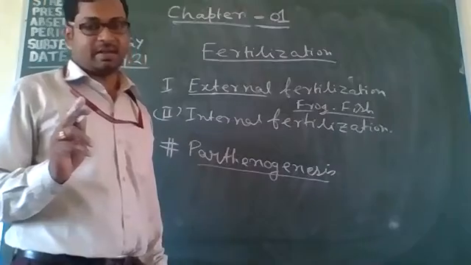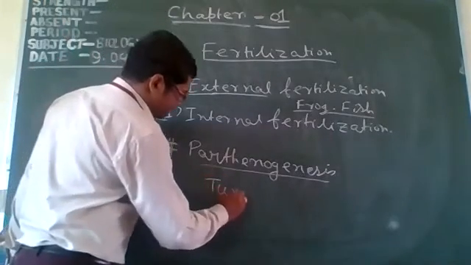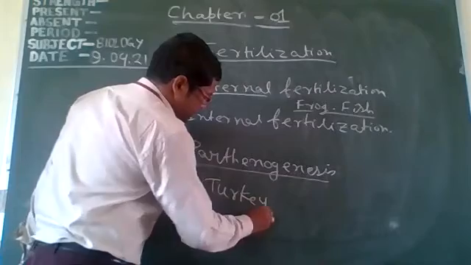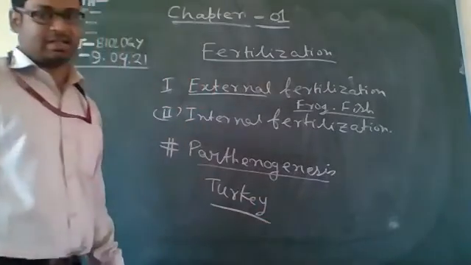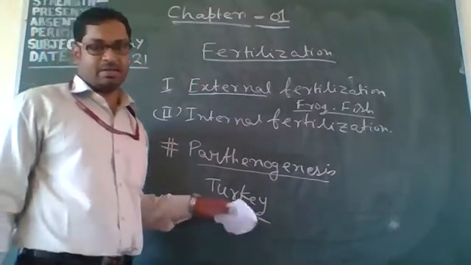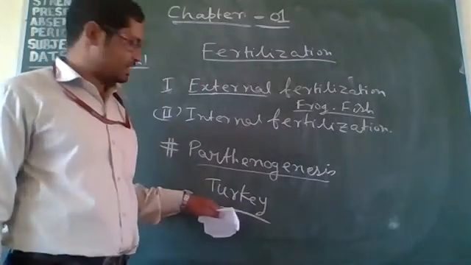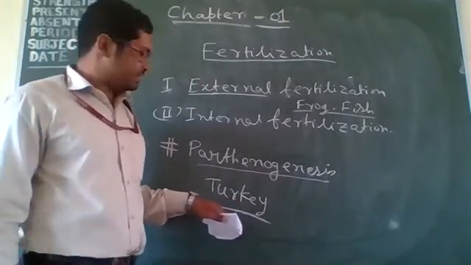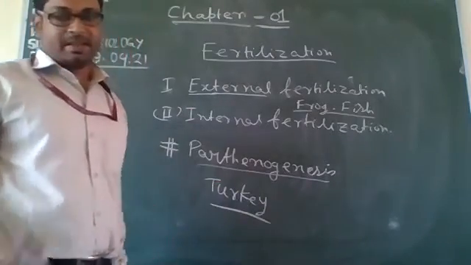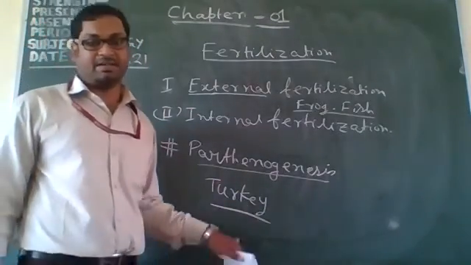Some birds, such as turkey. This is most important for NEET. It is a very important question for the NEET exam. Birds have formation of a zygote, but some birds such as turkey have parthenogenesis. Some lizards have parthenogenesis.